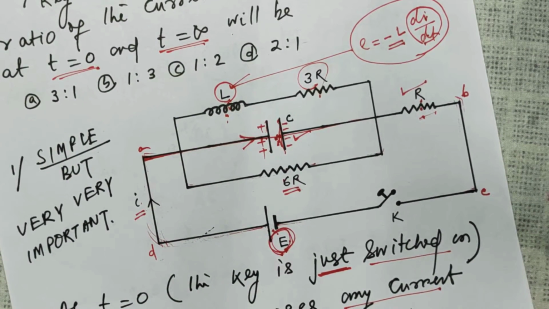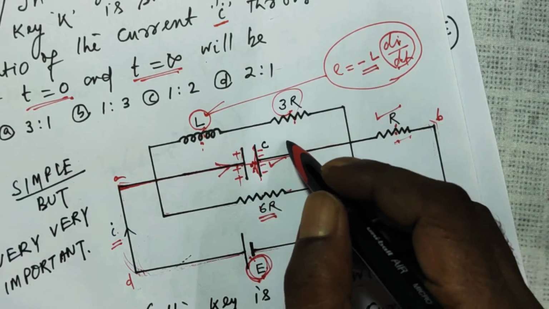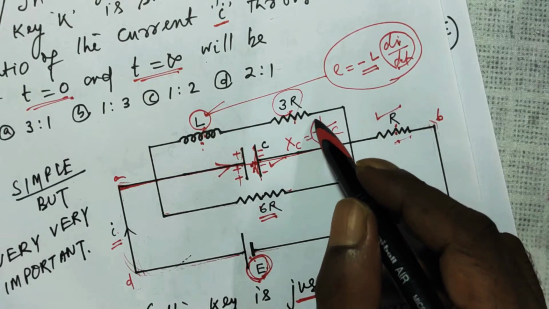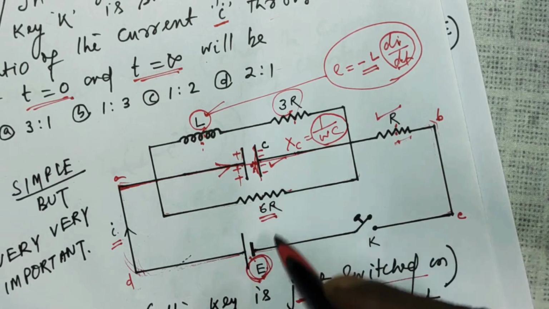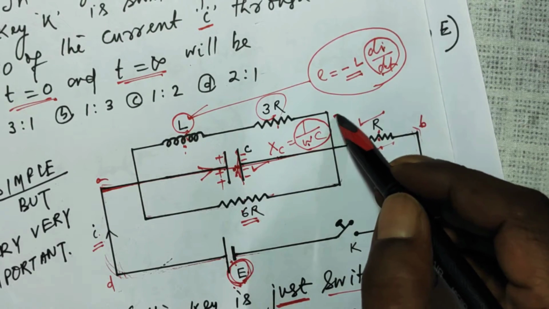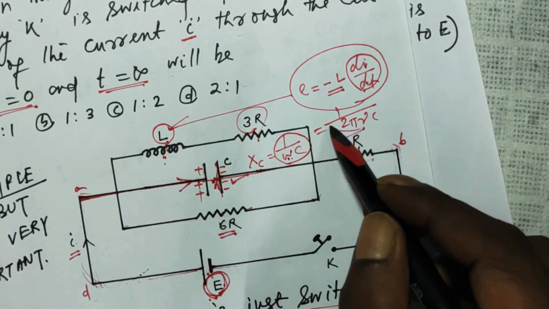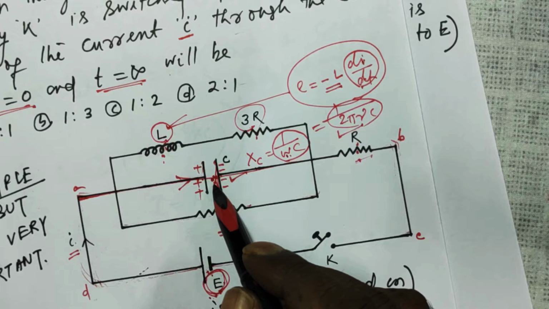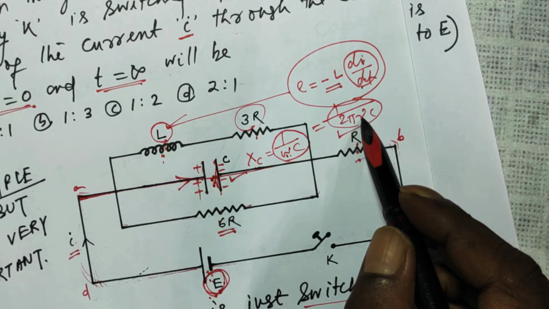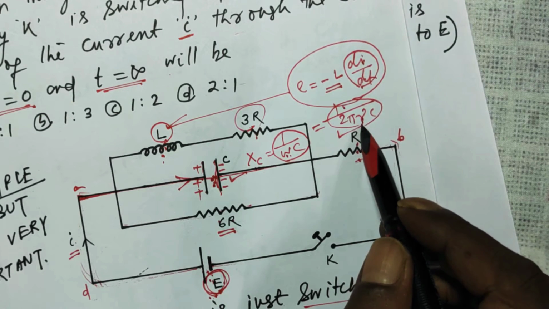And you might ask, sir, the capacitor also has a resistance that I had explained, XC, equal to 1 by omega C. But this resistance is there only if there is an alternating source of EMF, because omega is 2 pi nu, so 1 by 2 pi nu C. Here the capacitor is connected to a DC source, where nu is 0, so something by 0 is infinite.